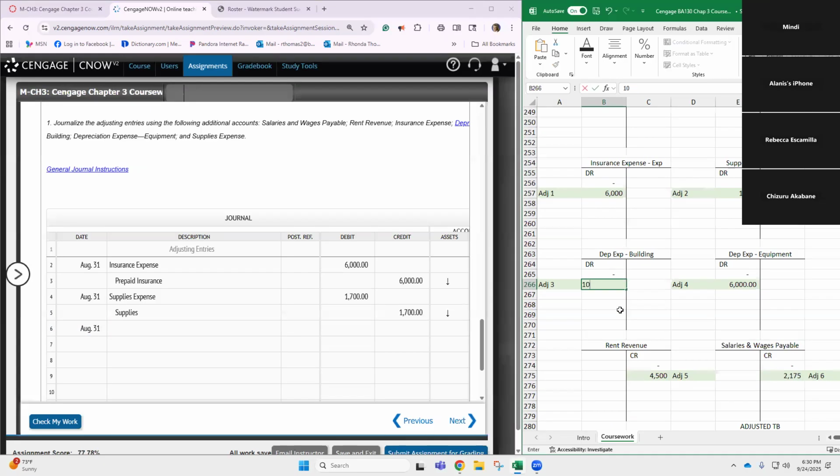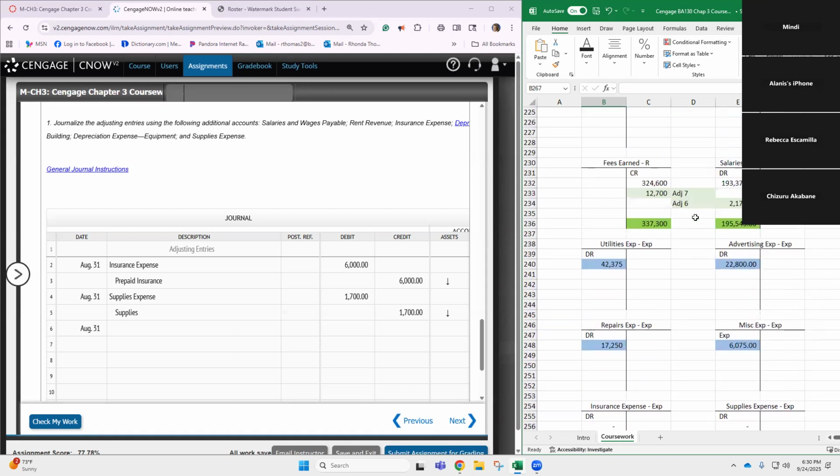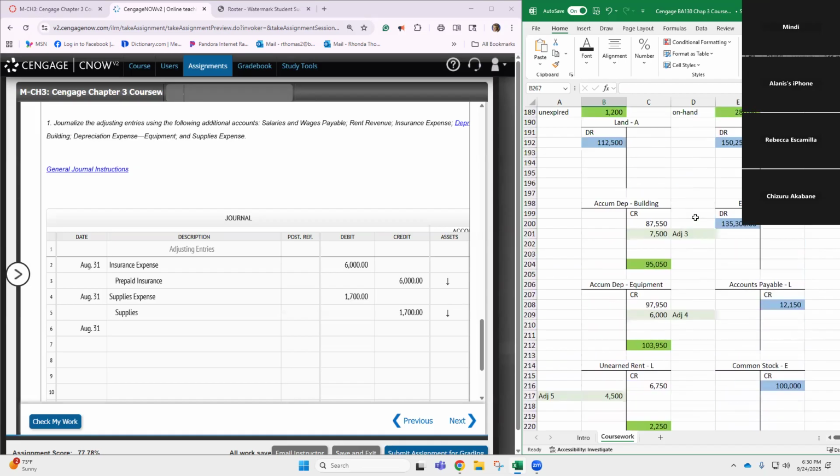And I've got $10,000 is the amount for that debit. What are we crediting? The accumulated depreciation for the building. So be sure you're using the one for the building, not equipment. Okay, you gotta make sure to watch that.